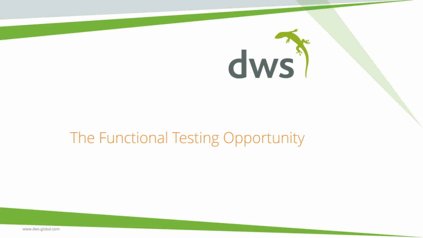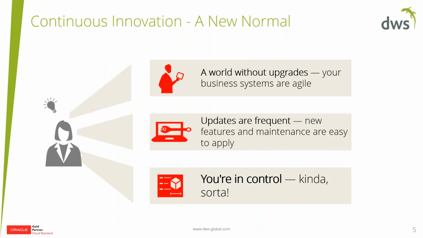So, the functional testing opportunity and really, what we hear from folks. So today, honestly, when we talk about enterprise applications and those who are interested in moving towards enterprise applications, many times the focus is really on continuous innovation as well as continuous adoption.